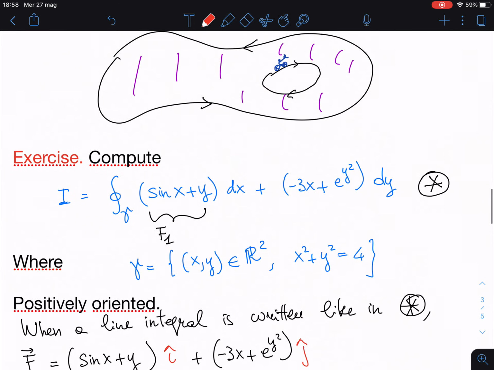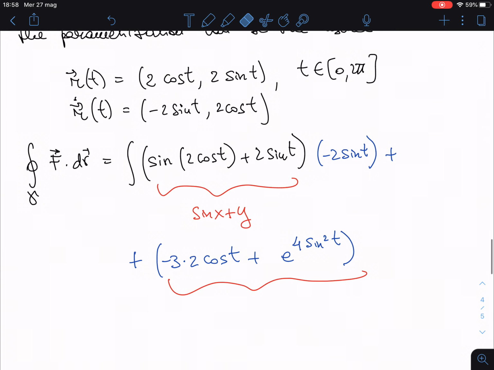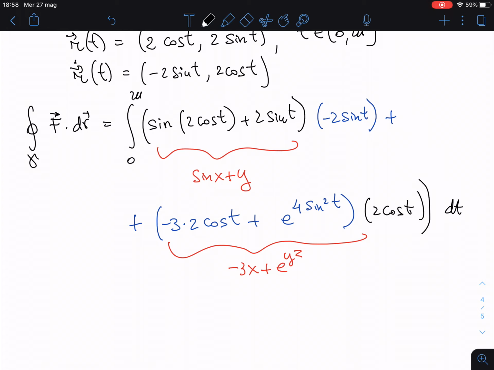Sorry, there is this 3 that is not there. So this is minus 3x plus e to the power y squared times 2 cos t. Everything here has to be closed in dt, from 0 to pi, so this is a sort of horrible integral.